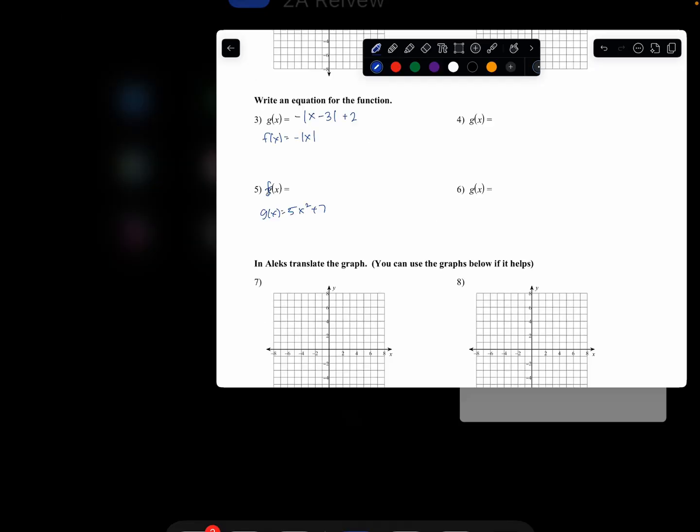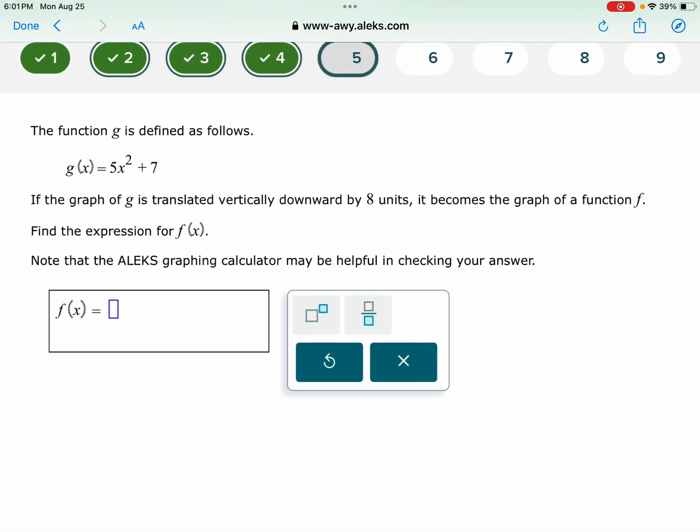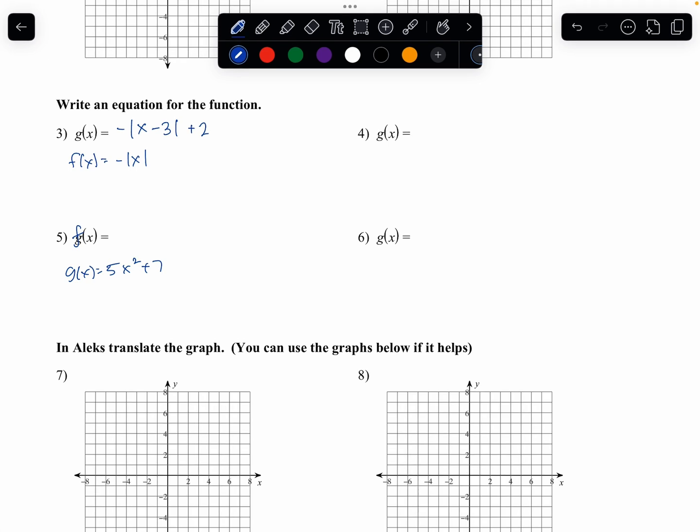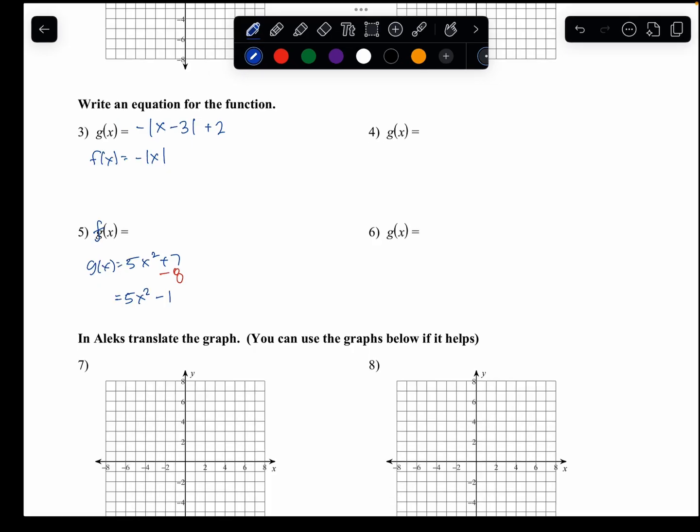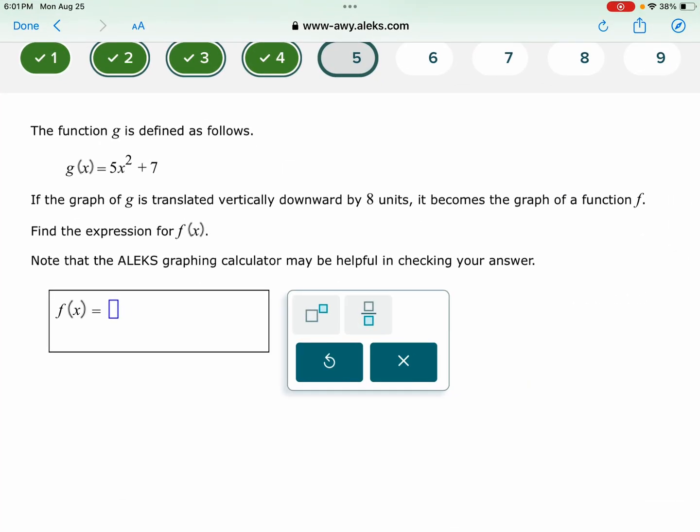And what do we want to do? Downwards by 8. We want to vertically translate it down by 8. So that means I'm going to subtract 8 from there. So I get 5x squared minus 1. That will move it down 8. If the graph of g is translated vertically down 8 units, it becomes the graph of f.